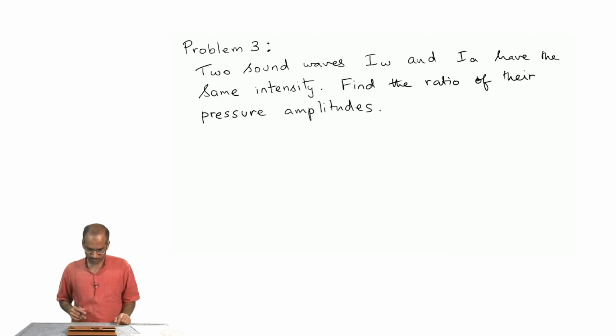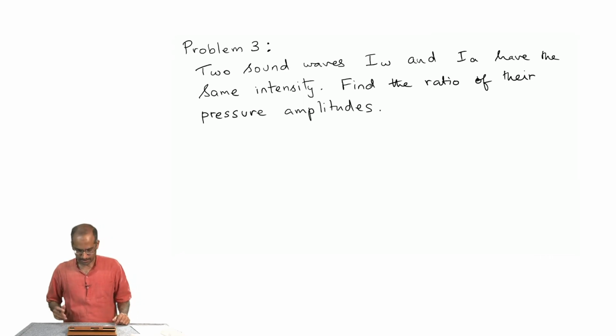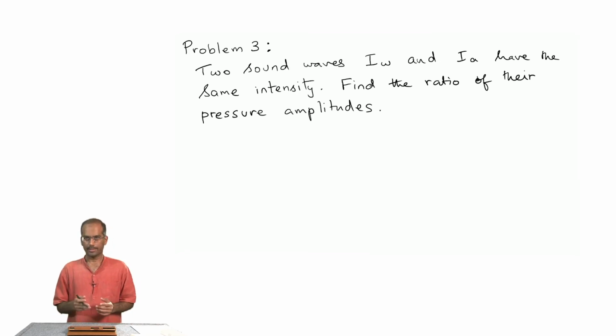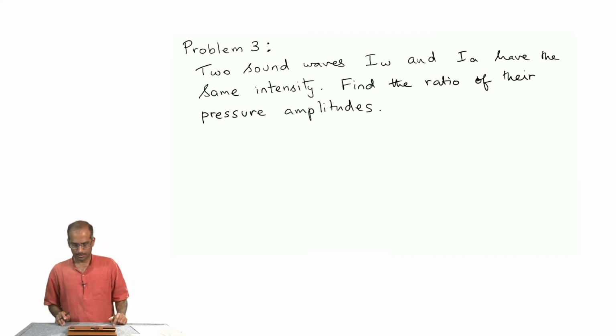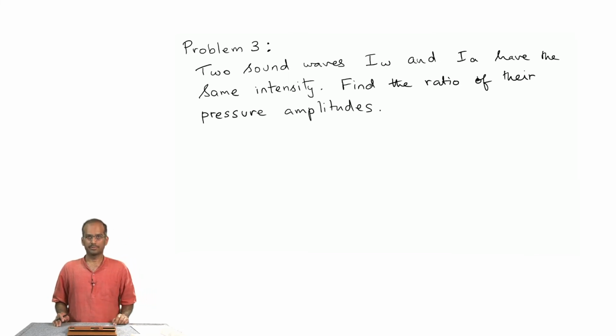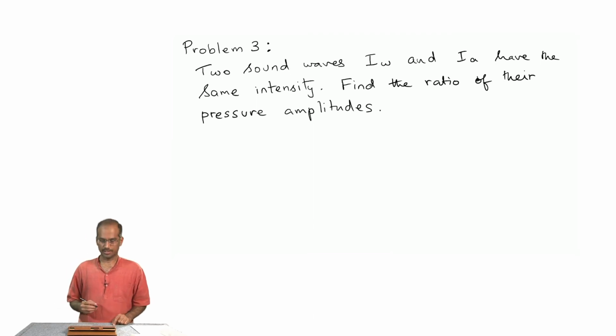The third problem, we have two sound waves, one of them a progressive wave in water and other in air, and we are told that both have the same intensities. So, ideally this I w and I a that I have written down are actually equal to one another. So, the question is find the ratio of their pressure amplitudes or the maximum of the pressure displacements.